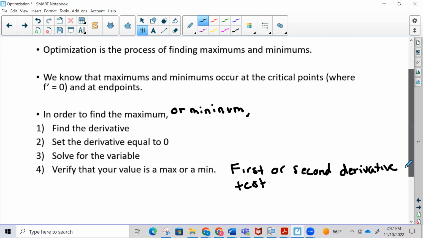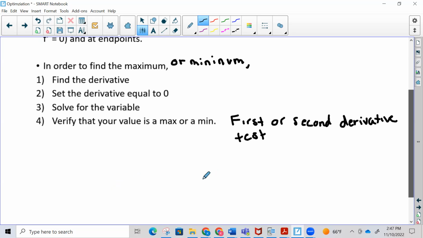The first derivative test is finding the critical points and then making a number line and finding the maxes and mins that way. The second derivative test is finding the critical points and then plugging those values into the second derivative to see if it's positive or negative.